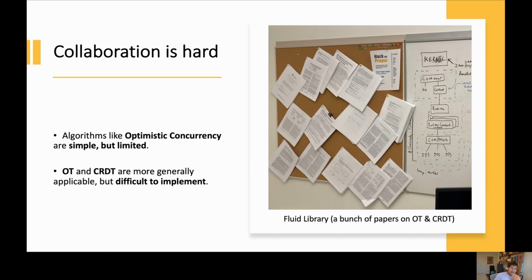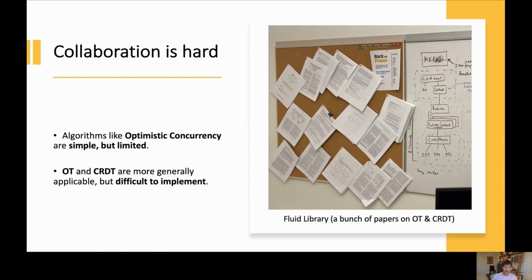So as we started exploring this problem space, the first realization is that collaboration is surprisingly hard. It seems like it's going to be just as easy as taking my changes and Beth's changes, or Anna's changes and Kevin's changes, and merging them into some data structure, and we'd be off to the races. But that's actually my office on the screen there. That's the Fluid Teams library that was sort of right over my shoulder. And that's a bunch of papers on how collaboration is done right now.